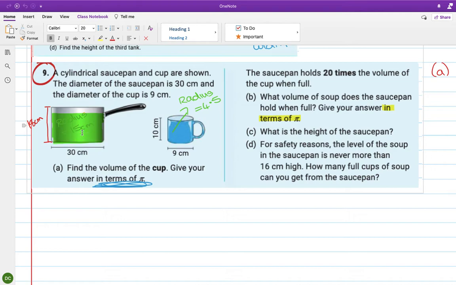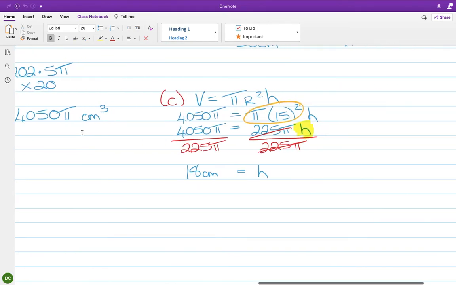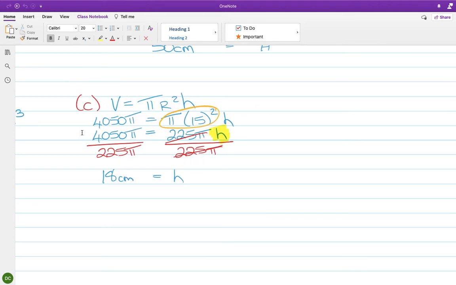So in terms of the holding capacity of the saucepan, it's as if those top 2 centimeters don't exist, because if you can't fill it, then they may as well not exist. So what you have is a cylinder, but the cylinder only has a height of 16.